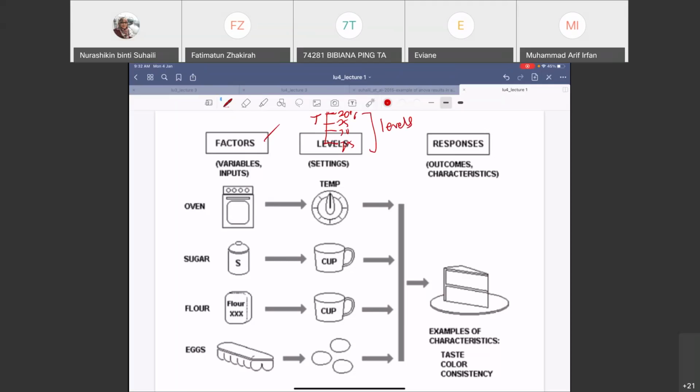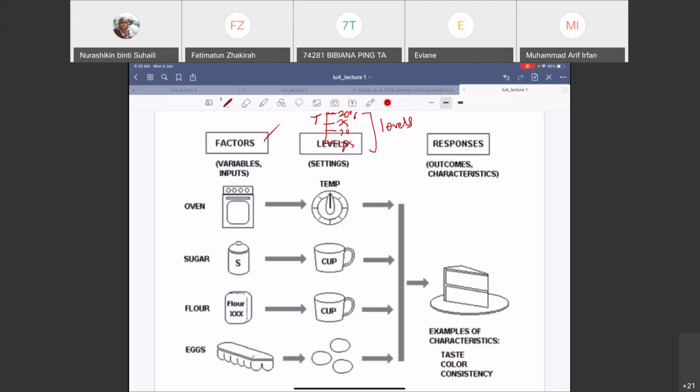Another example, if you are doing a survey about students' reading habits, how many hours the students read in a week, let's say in a faculty. You want to set the levels.